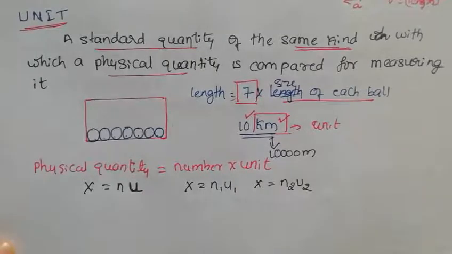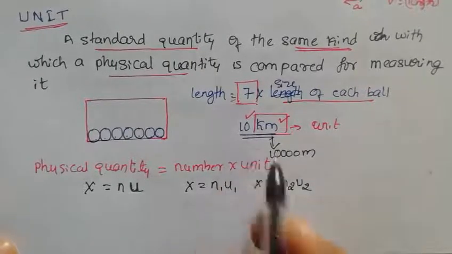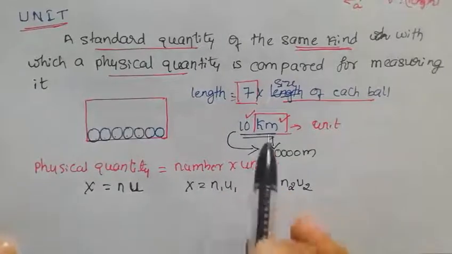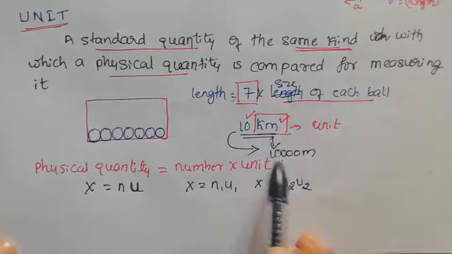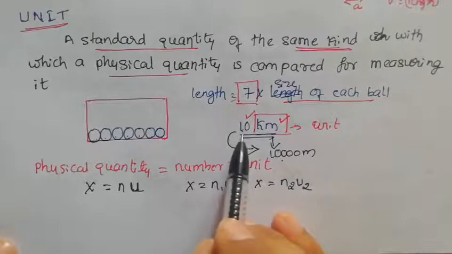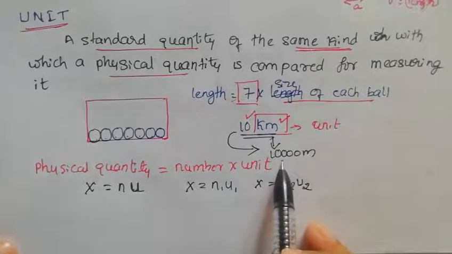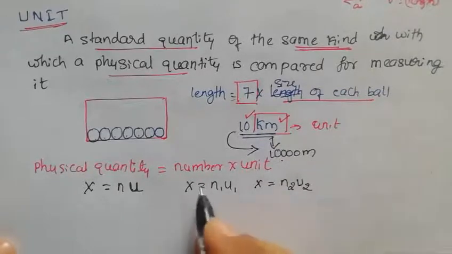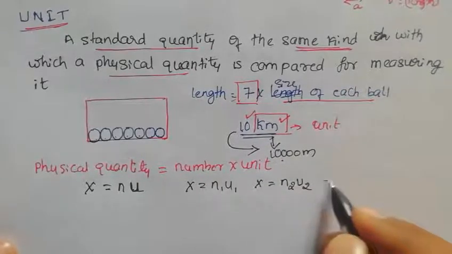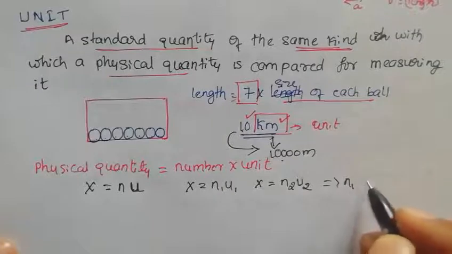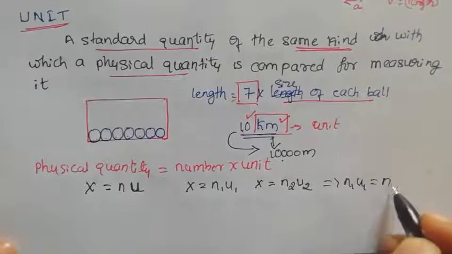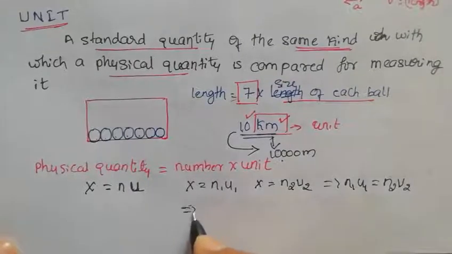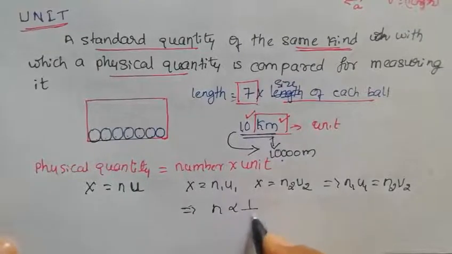Here one thing you can observe, when I convert from one system to the other, from here to here, what happened? Check it. The number has increased, yes or no? It was initially 10, now it is 10,000, but the unit has decreased, kilometer to meter. So I can say n1 u1 equals n2 u2, or simply n is proportional to 1 by u.